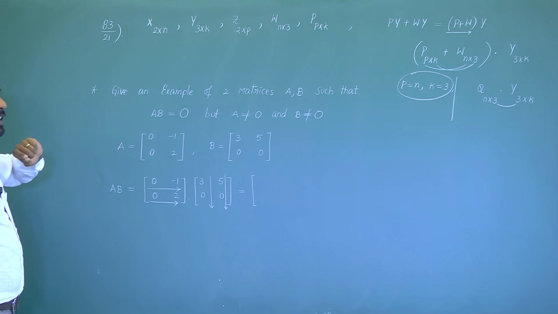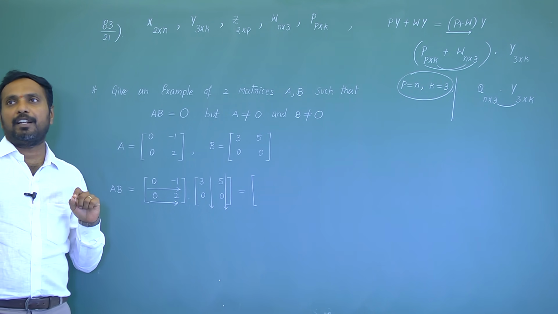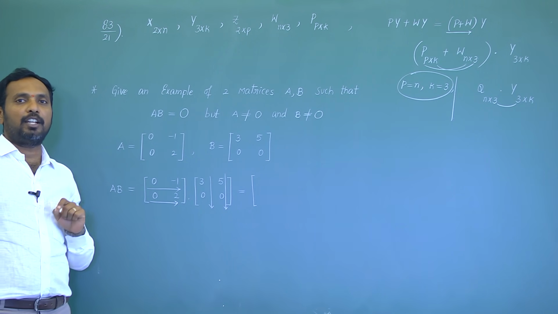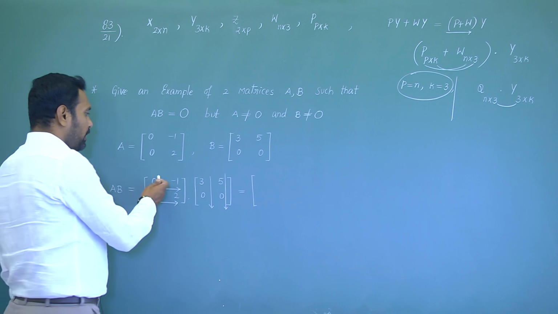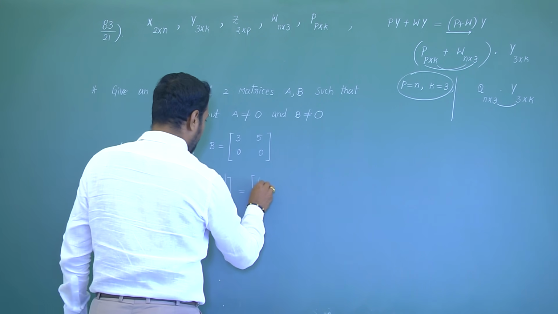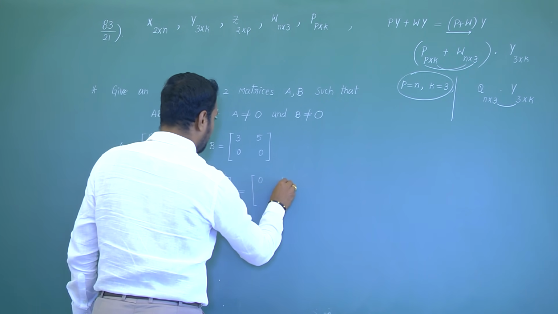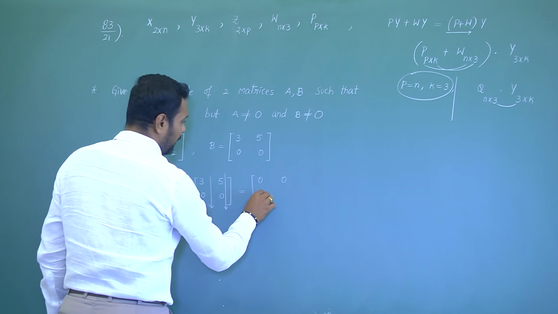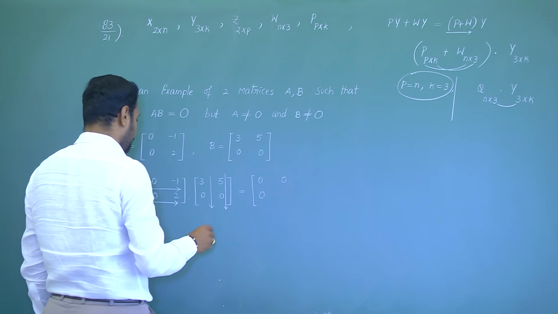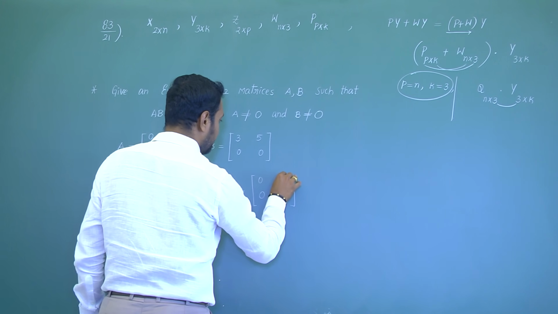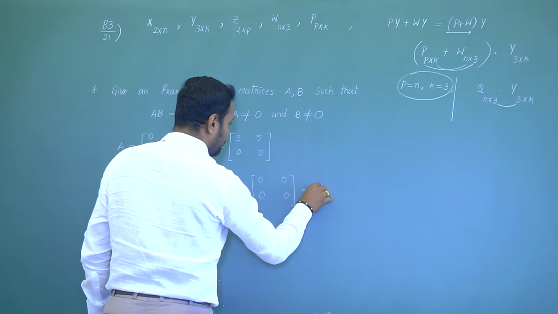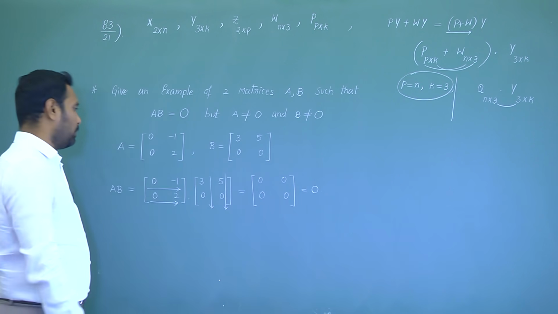If at least one of the elements is not equal to 0, then it is a non-zero matrix. First row, first column element 0. First row, second column element 0. Second row, first column element 0. Second row, second column element 0. So this is the null matrix O.